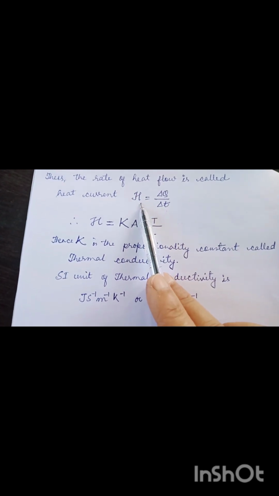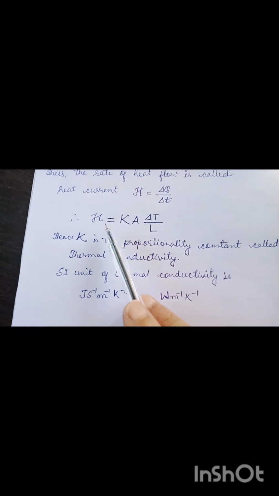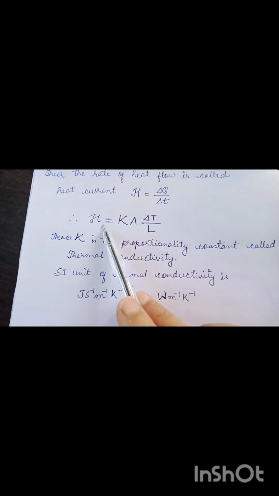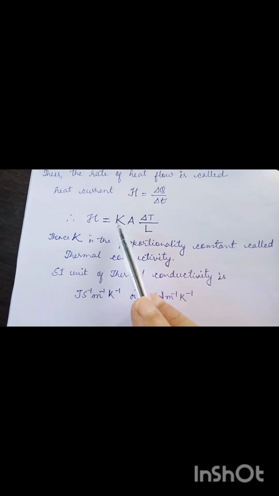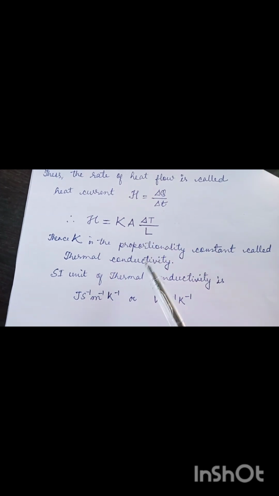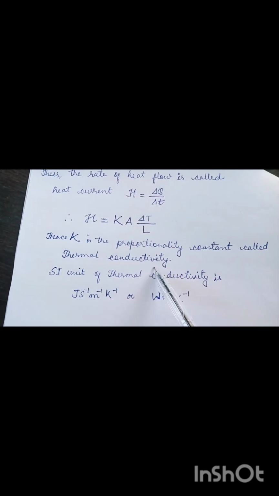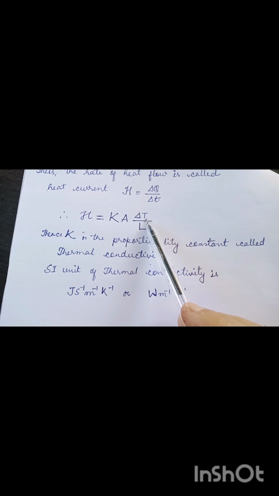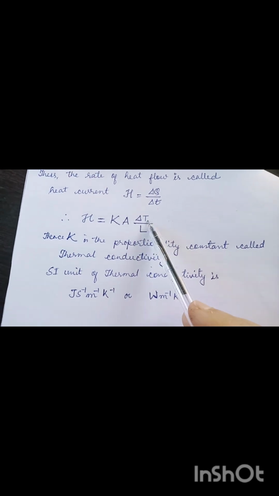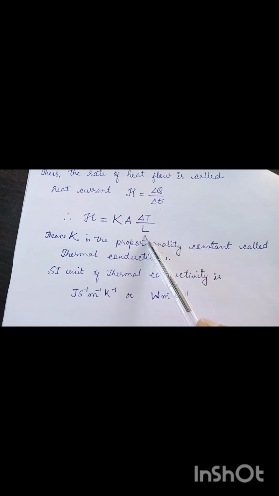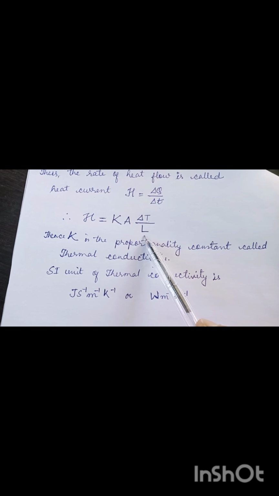It is denoted by H, and the final expression for heat current is H equals K, where K is the proportionality constant called thermal conductivity, times the change in temperature, or difference in temperature, divided by the length of the rod or thickness of the slab.